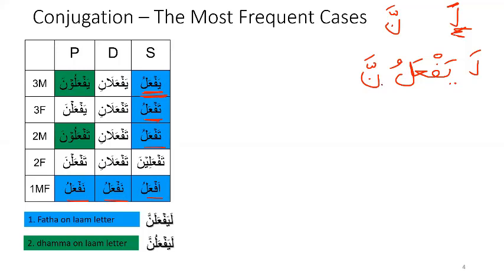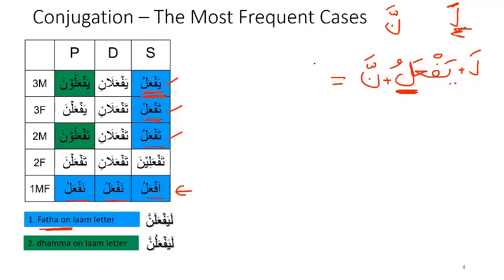When we do this for all these items in blue, so third person masculine singular, third person feminine singular, second person masculine singular, and all the first person verbs, these are all fil mudari, we need to add a fatha on the lam letter. So this is the lam letter. So instead of dhamma, we need to convert this into a fatha.